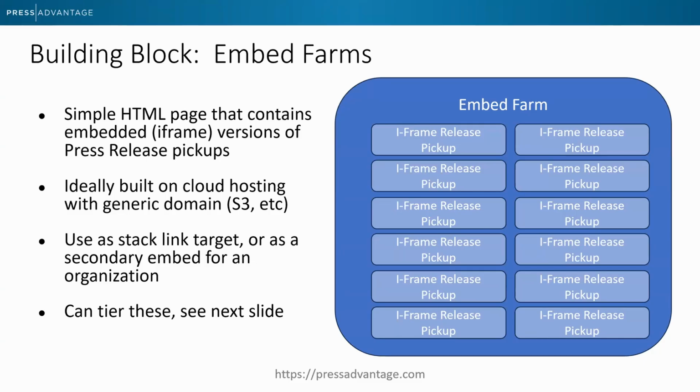You're going to take the export out of the press release page, drop all of them into the iframe, and then you're going to have one page that embeds every single press release pickup. And if we remember, one of the reasons why we use iframes is because it does not pass link penalty, and it's a very clean embed model, or a clean linking model. And so we definitely love to use these as much as we can.